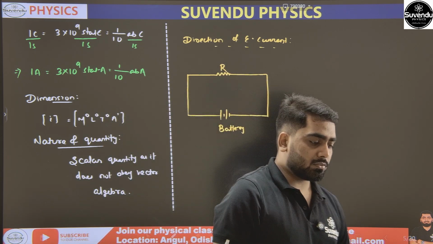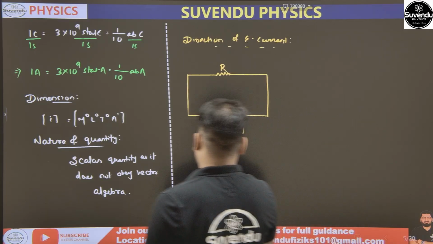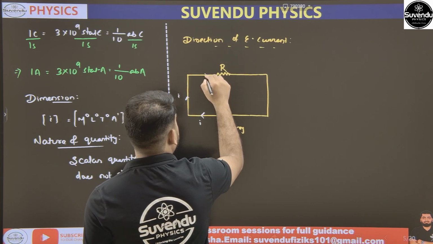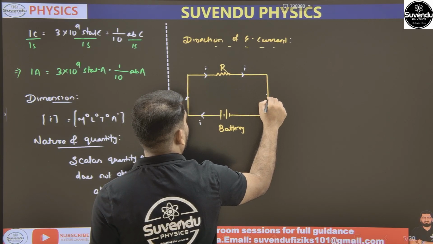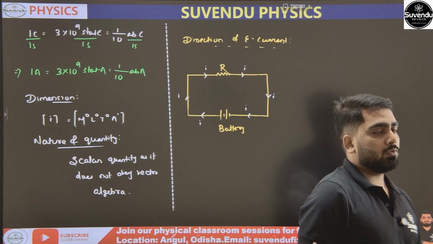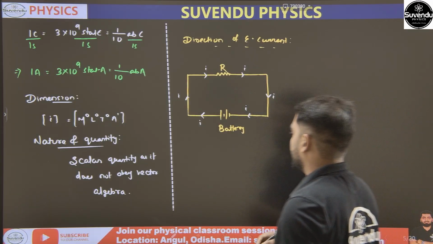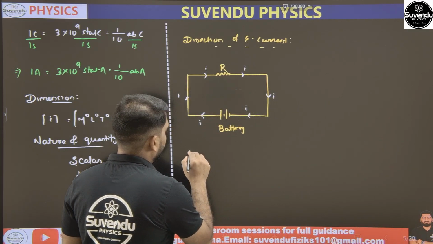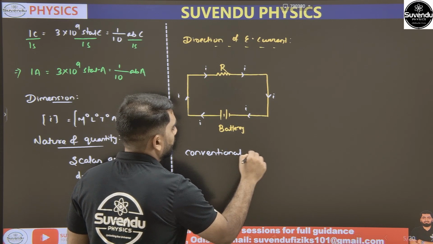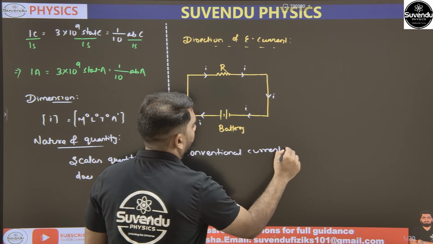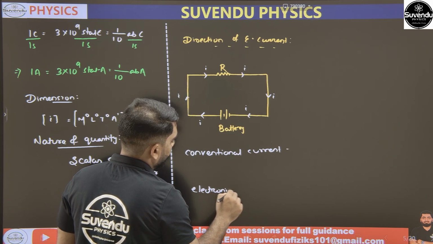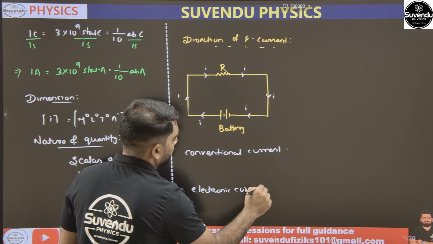In our general electric circuit, we use the denotation like this. This is the direction of electric current. We all know this perfectly. Very good. Now listen to one thing. It is your conventional current. One is the conventional current, the electric current, and another one is the electronic current. What is the direction of conventional current?